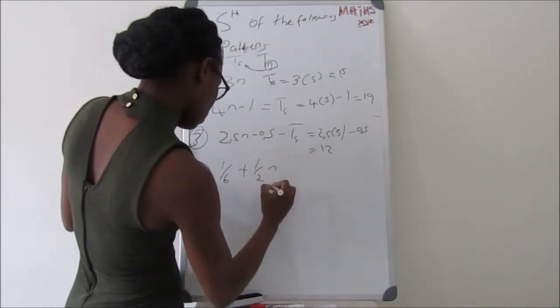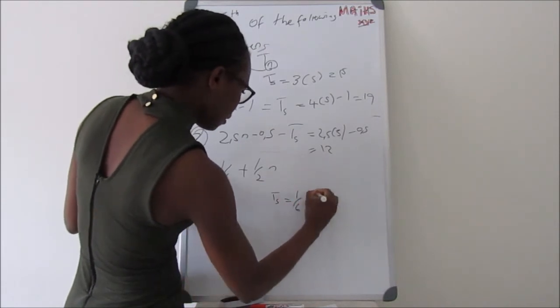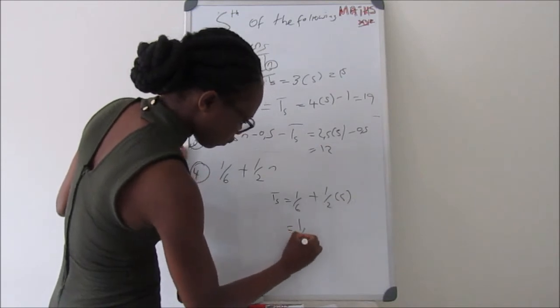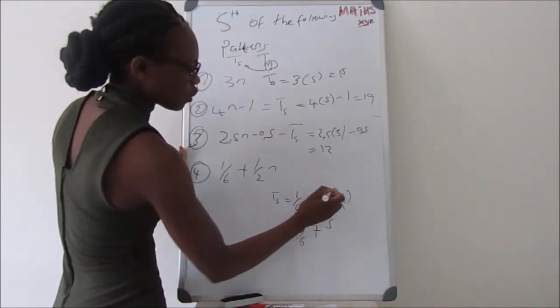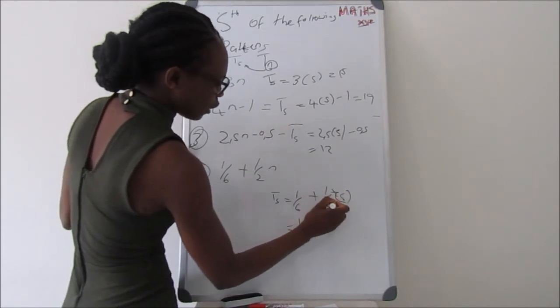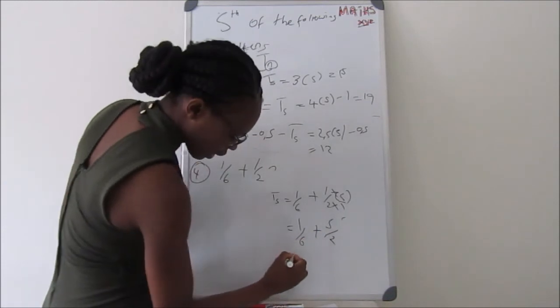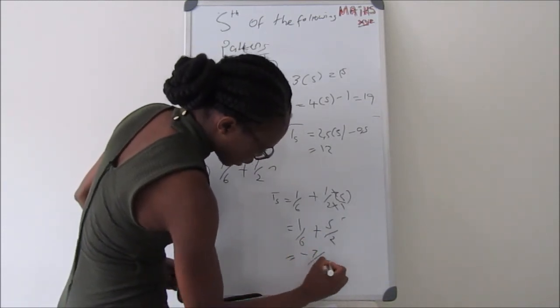And this one here, T5, equals 1 over 6 plus 1 over 2 multiplied by 5, which is 1 over 6 plus 5. You know that this is divisible by 1. So 1 multiplied with 1 and 2 multiplied by 1, which will give 5 over 2. And this will give negative 7 over 3 as an answer.